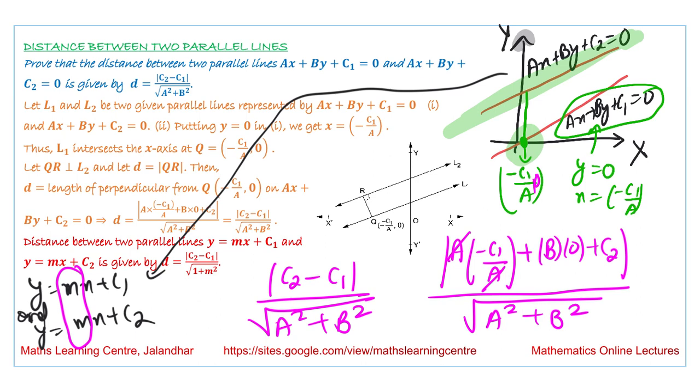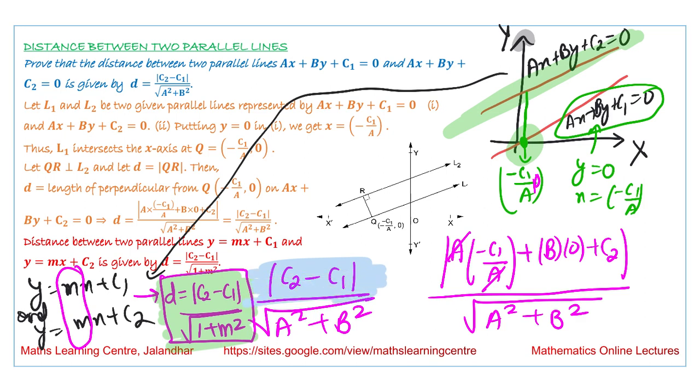So the formula we obtain in that case, d, is c2 minus c1 divided by square root of 1 plus m square. So you can use any one of these two formulas, depending upon your problem, to calculate the distance between two parallel lines.